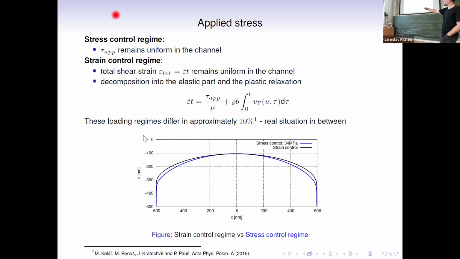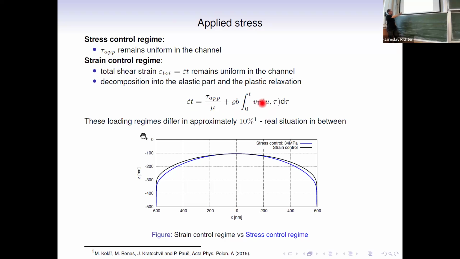What we try to do in more precise modeling, when individual dislocations come into play, is to prescribe the total strain, where the total strain can be approximated by the shear strain rate times the time, and we can decompose it into the elastic part, like here, plus the plastic deformation part.